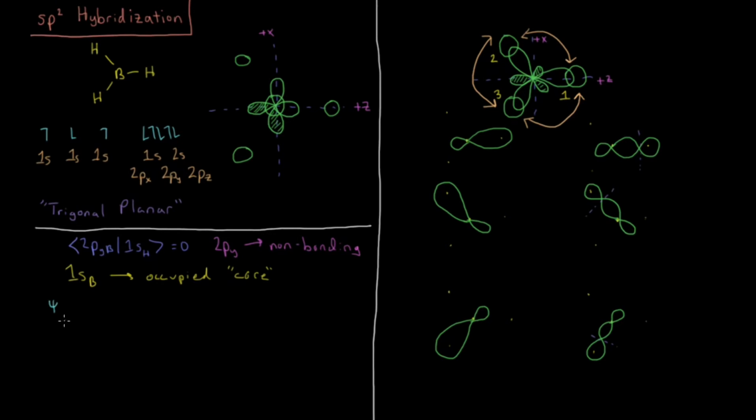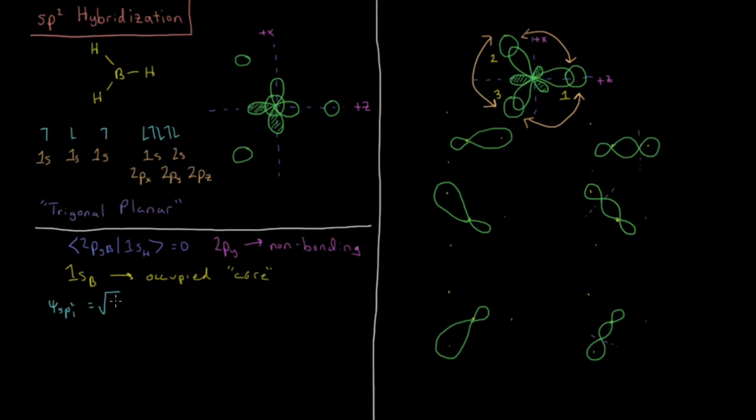So we can have psi sp2 number 1 equals, and it's all about the coefficients that are in front, and I'm going to write them in a way such that we can more easily see what's going on.